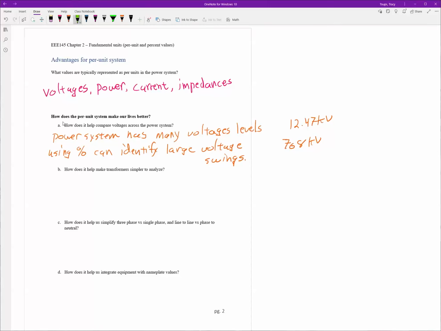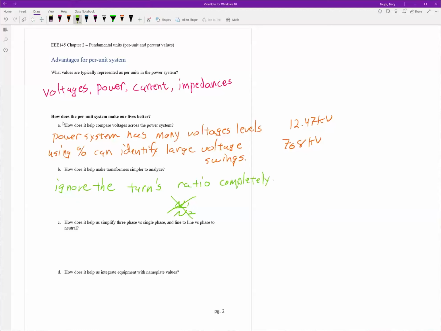Okay. How does it help make transformers simpler to analyze? This is the beauty of it. You actually straight up ignore the turns ratio completely. Remember, transformers have a like 5-to-1, 10-to-1 turns ratio, that N1 over N2 shenanigans. We pretty much ignore it completely.